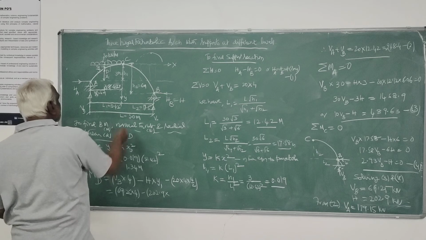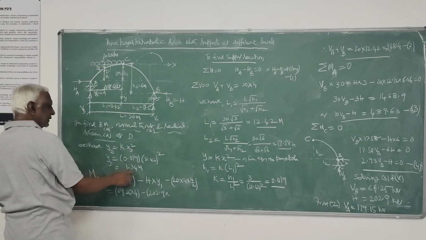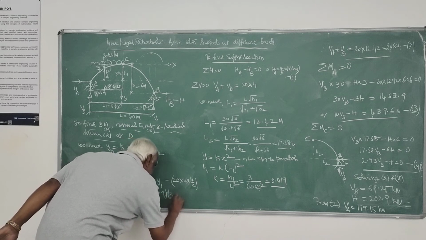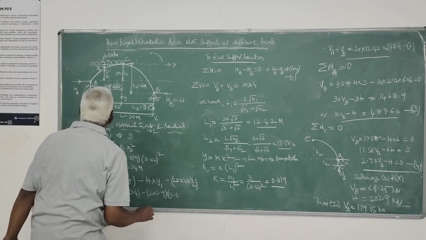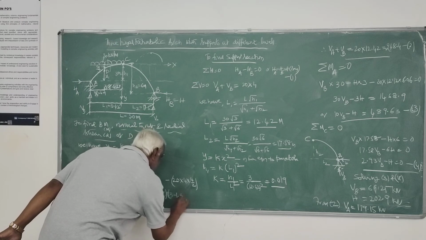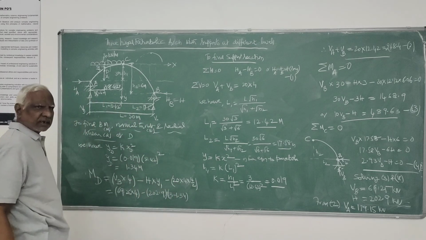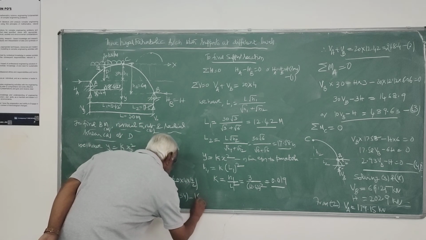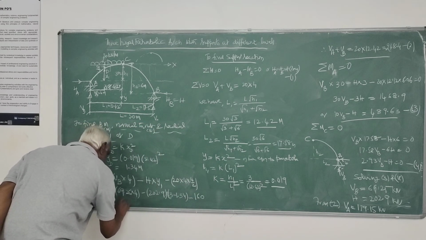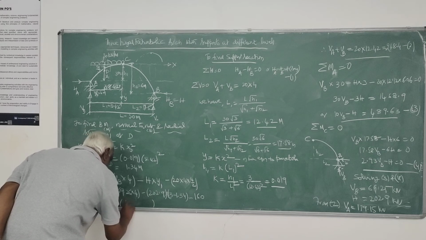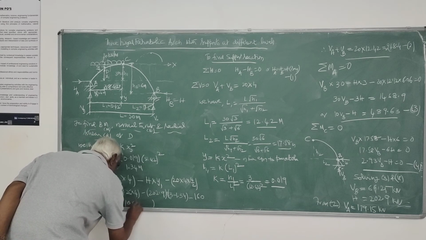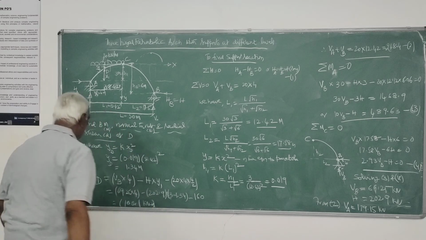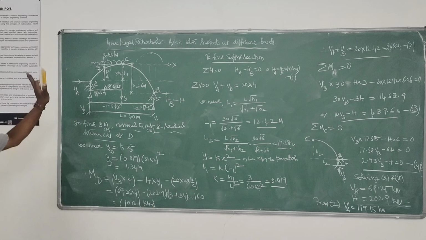Y1 is nothing but 3 minus 1.34. I will write that separately. Y1 minus this is 160. So you get 100.1 kilonewton meter. So this is the bending moment at that point.